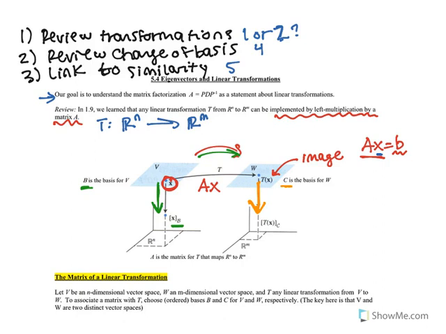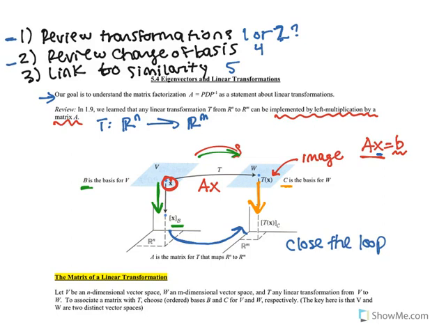And so today what we would like to do is close this loop. How can we go from one basis to another basis in two different vector spaces and achieve the transformation at the same time? So today we're trying to close the loop, using both our goal number 1 and number 2, which were to review transformations and review the change of basis, and see how we can do this at the same time.